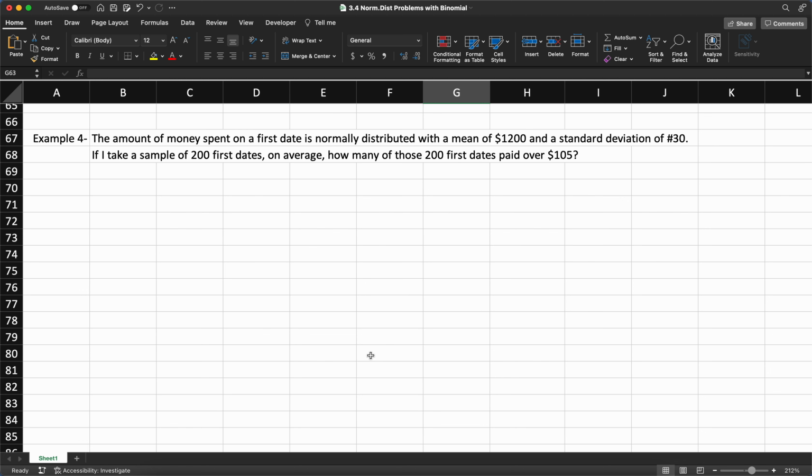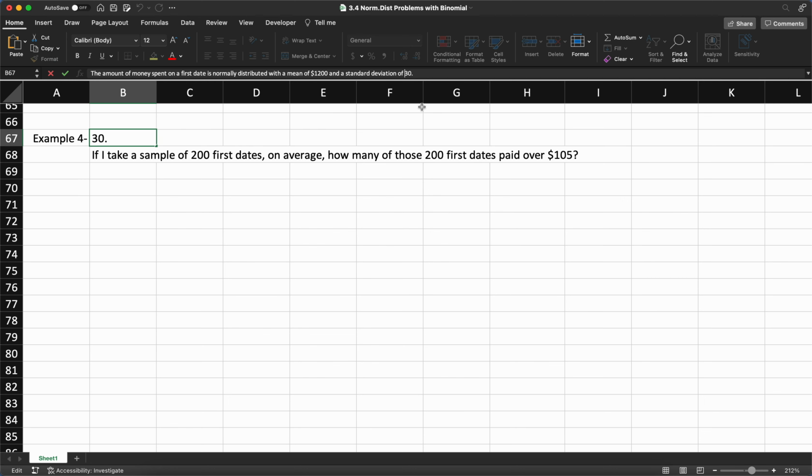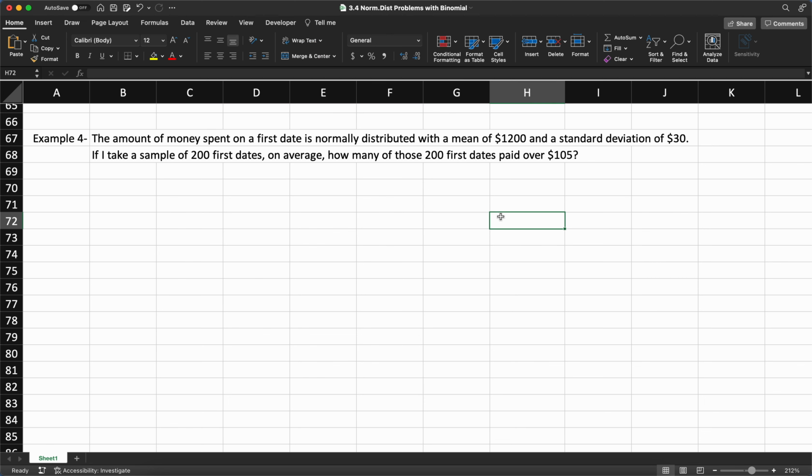Okay, so the amount of money spent on a first date is normally distributed with a mean of $1,200 and a standard deviation of $30. Sorry for that typo. If I take a sample of 200 first dates, on average, how many of those 200 first dates paid over $105?